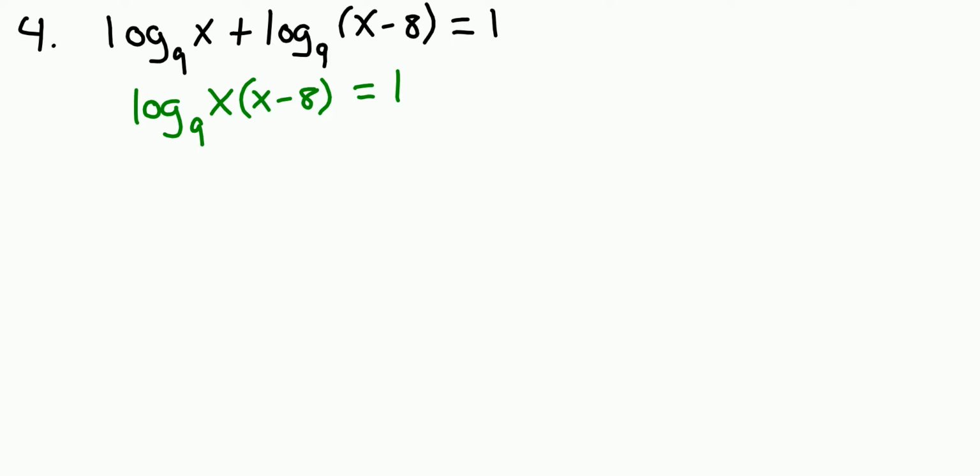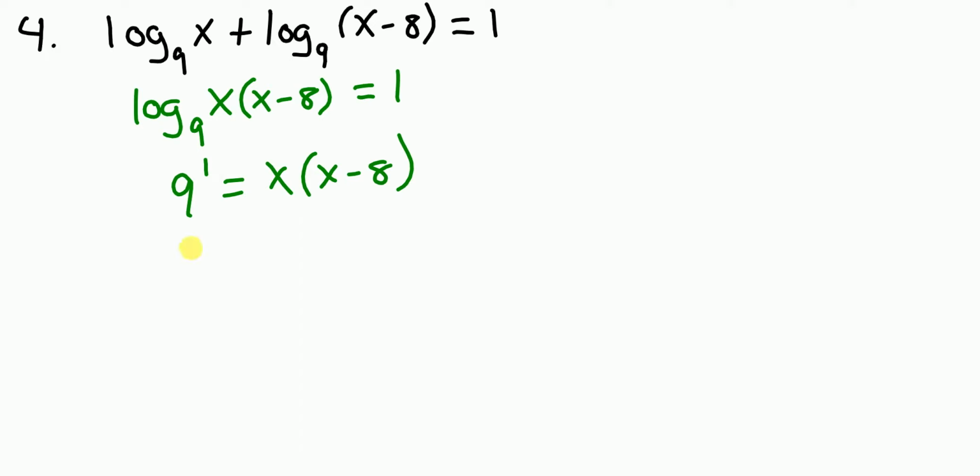Now that I've done step 1, isolating the logarithmic expression, which included condensing this, I can rewrite it in exponential form. So my base 9, my exponent 1 equals x times x minus 8.